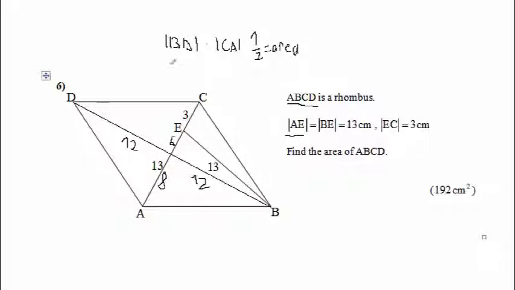BD is 24, CA is 16, which gives 384 divided by 2, which is 192. Area of this rhombus is 192.